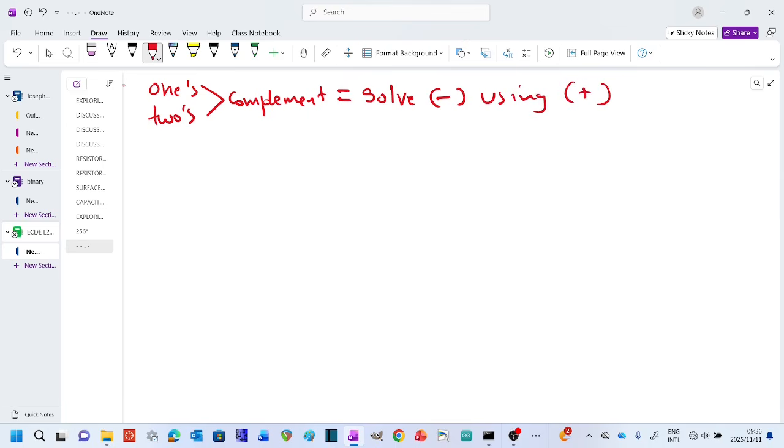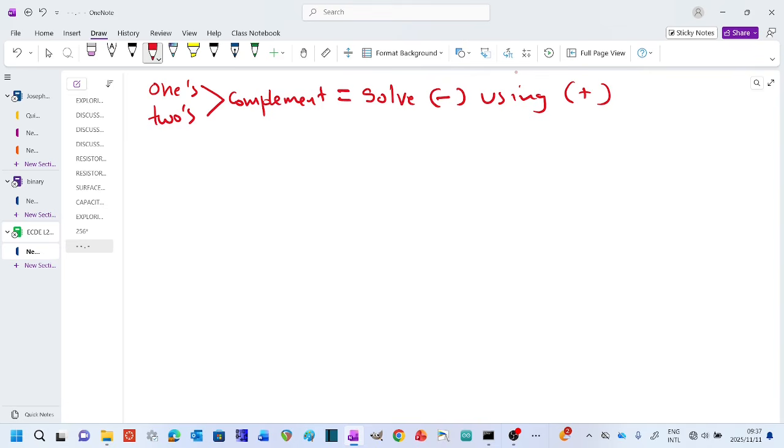It's because in computing, when the computer solves some arithmetic problems, it uses some of these methods. So we're trying to solve a subtraction problem using the addition method.